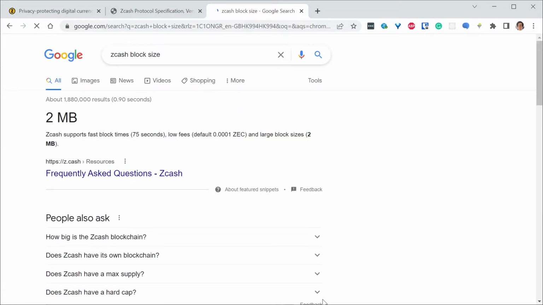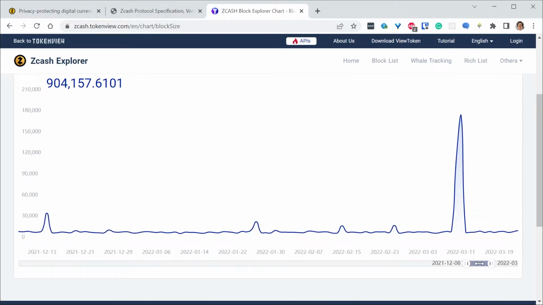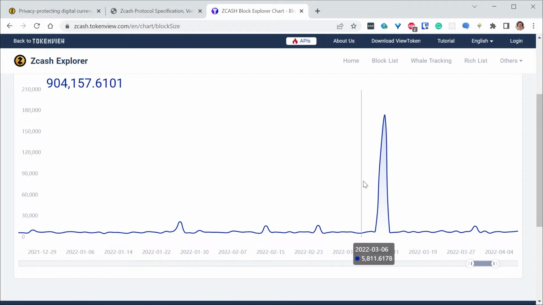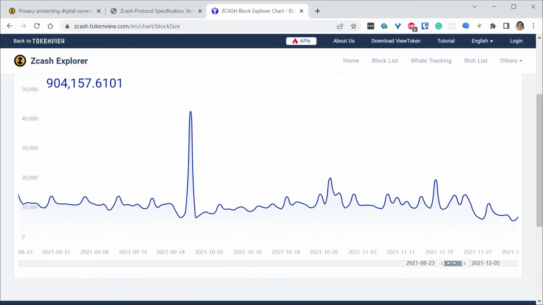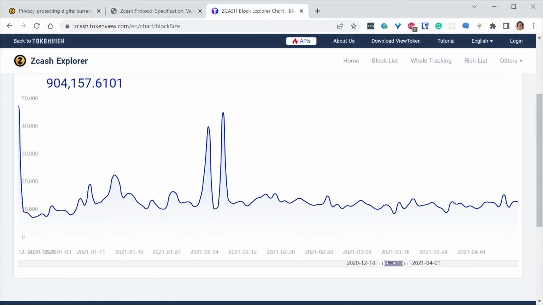This is a chart that shows the block size as a function of time, and you can see that before the last couple of months, for most of the duration of the existence of Zcash, except some short peaks, the size has been really small.